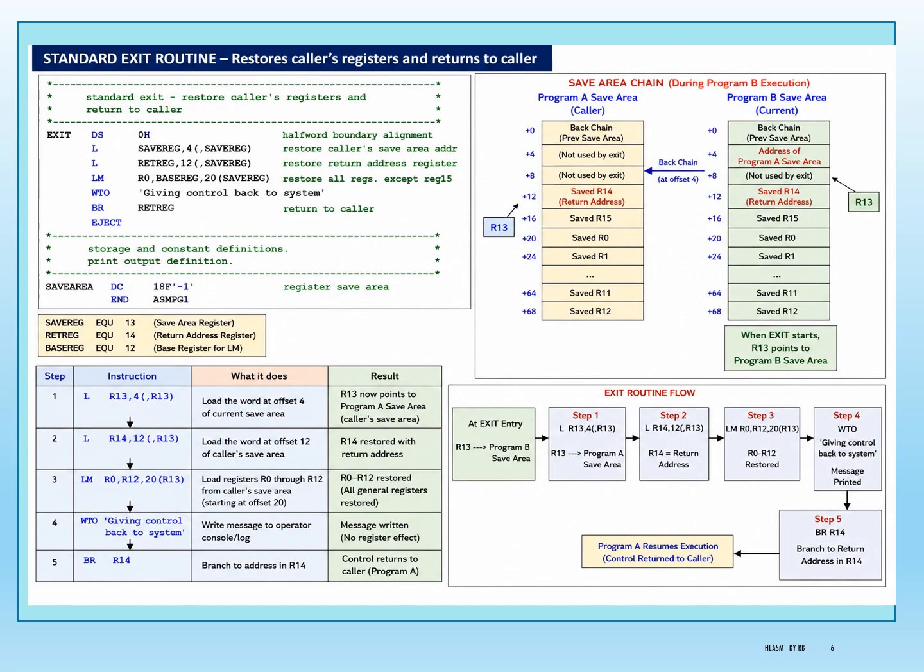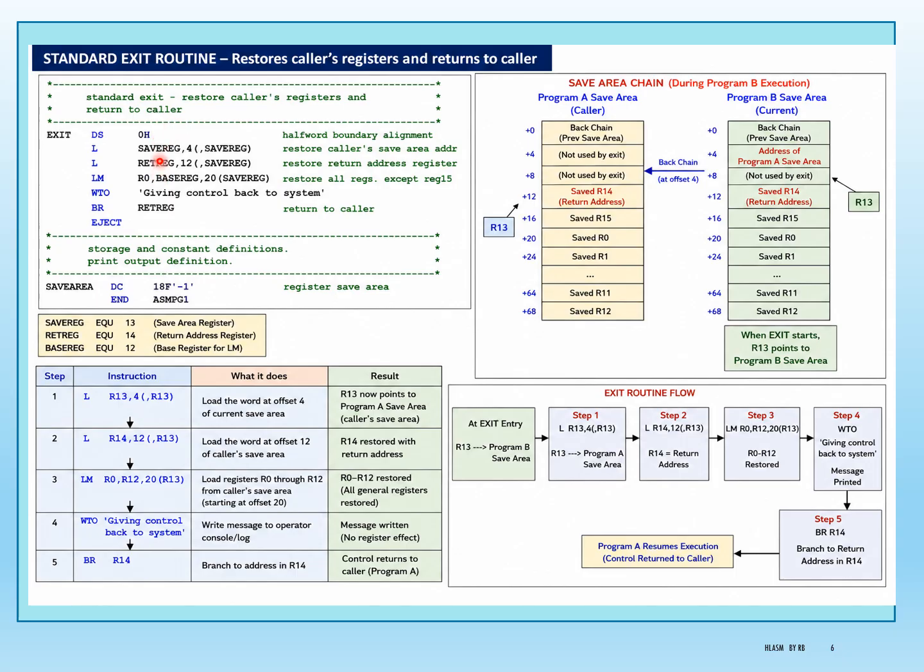Here we are looking at the exit routine. Basically, it is just the opposite of what we did during the entry. This is the program that is there, right? DS0H, where we are aligning the boundary, and the rest of the area.